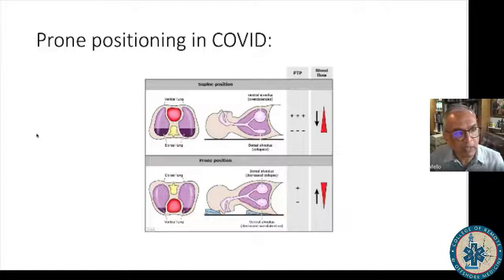So I hope I've given you a quick overview of ventilation management in an austere condition. This is really the basics. Some of these slides are lectures in their own right, and I hope that in the course of your revision, you will look at those topics in greater detail.